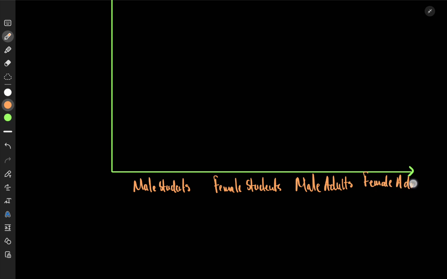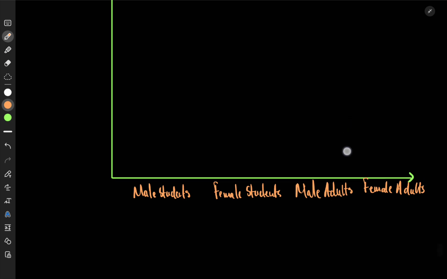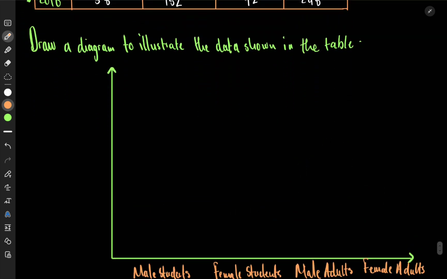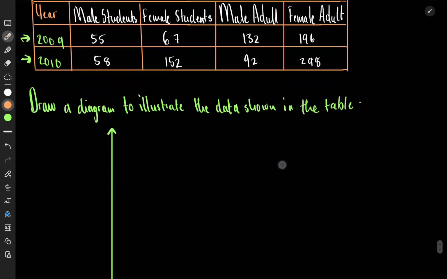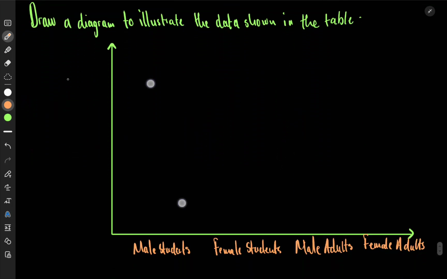There we go. Now we are going to put the number of students as our y-axis. What are we going to have? The number of students. Let me write it in nicely: number of students.